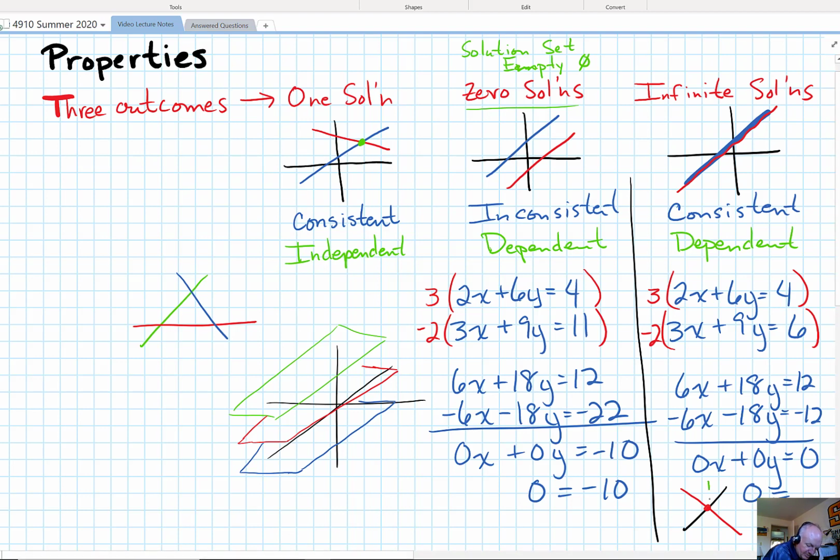And then if my third plane comes in like that, they all intersect there, and that's a line. That's just one way that can happen. Or all three of your planes could just be the same plane. So again, we don't worry too much about the three-dimensional version, but the important thing to remember is when you're solving any size of linear system, these are the only three things that can happen: one solution, zero solutions, or an infinite number of solutions.